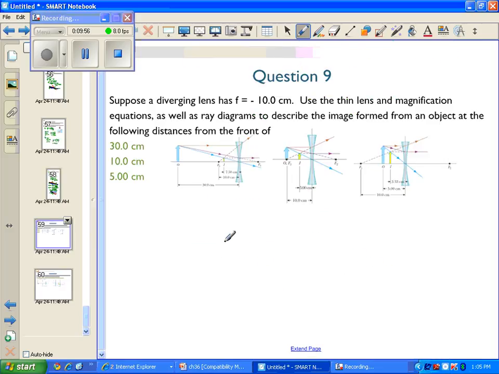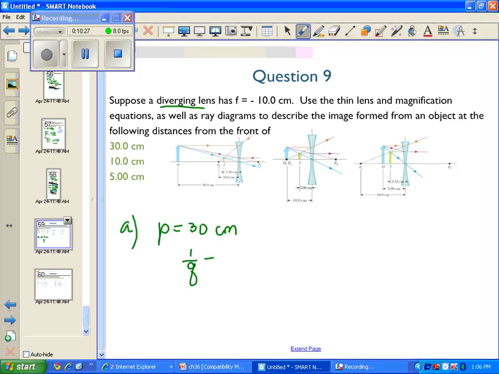Next question. Question number 9 tells us that we're dealing with a diverging lens, and it states to use the lens and the magnification equations as well as ray diagrams to describe the image formed at the following. So let's begin with the equations. P equals 30 centimeters. This time F is negative because we're dealing with a diverging lens.